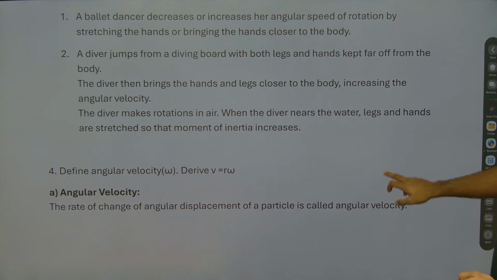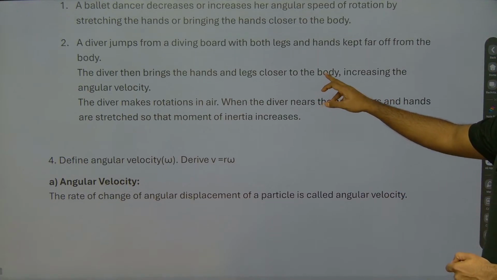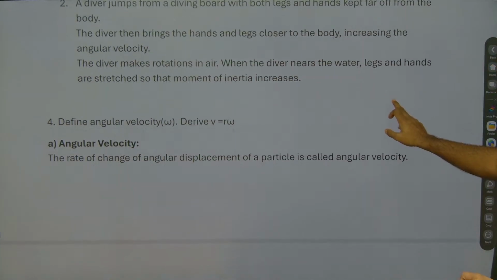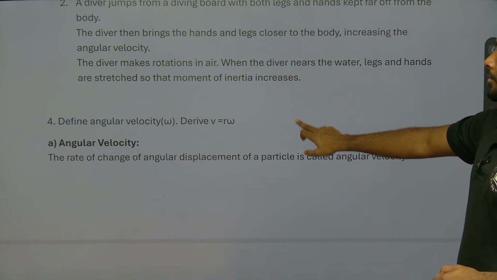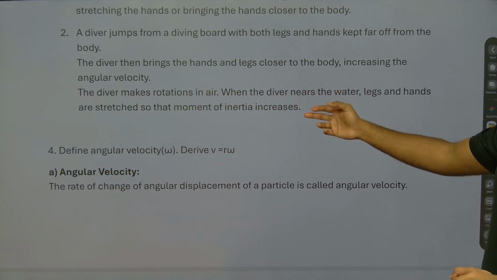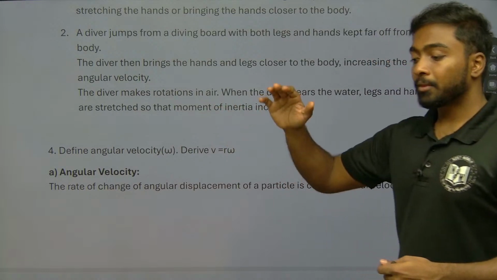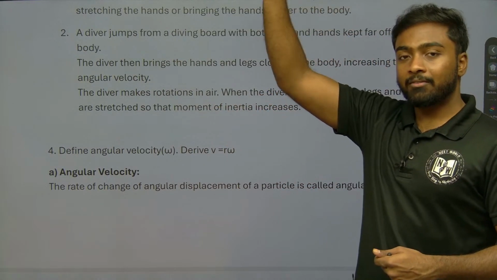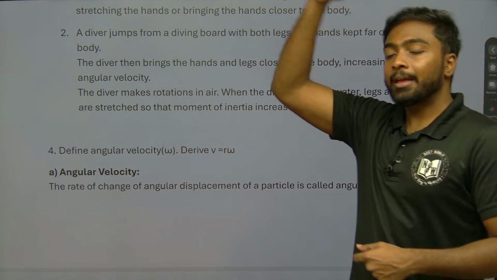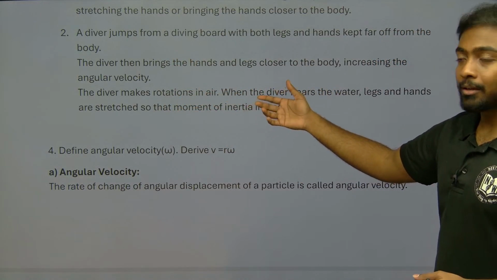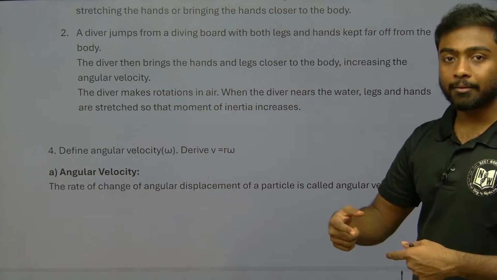So the diver then brings the hands and legs closer to the body, increasing the angular velocity. Okay. So the diver makes rotation in air, like in the swimming pool they are talking about right now. From the top of the diving board, if he is bringing the hands and legs closer to each other, the angular velocity will be increasing, right?